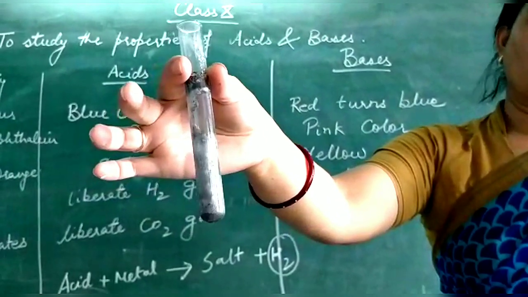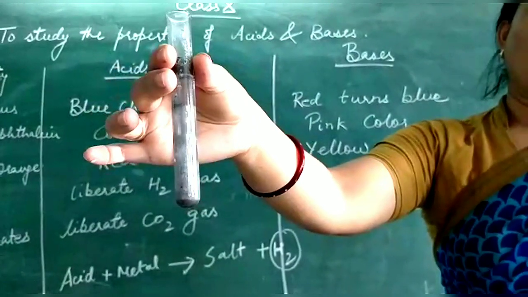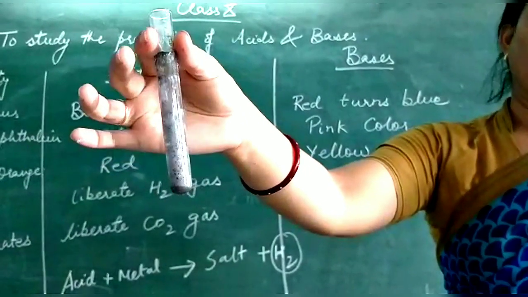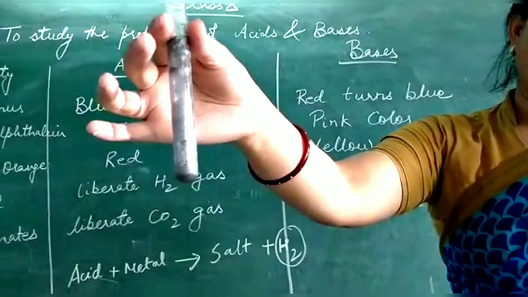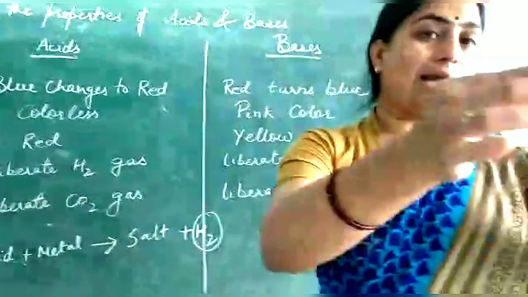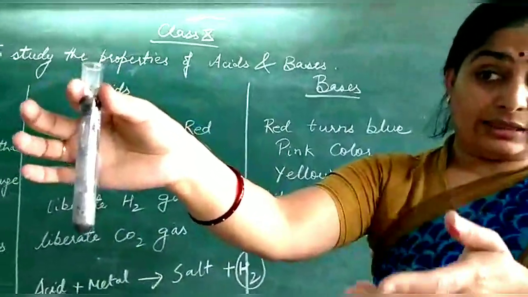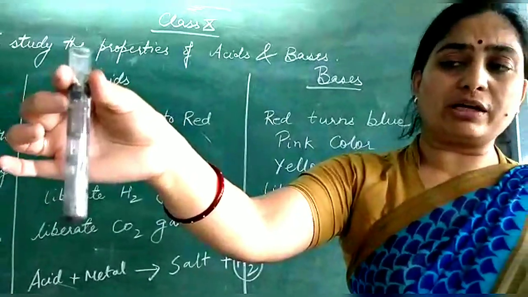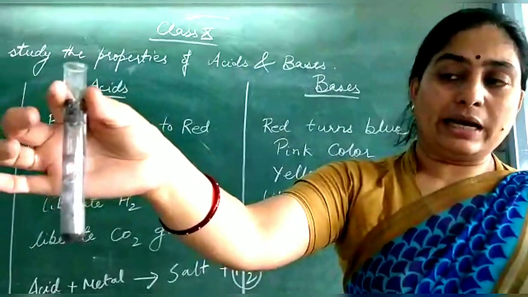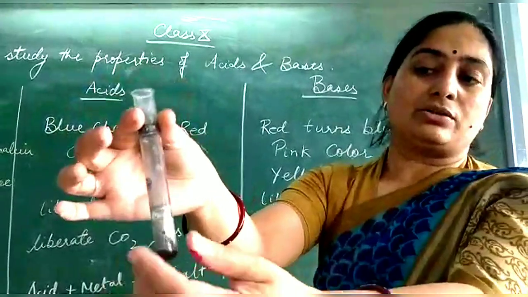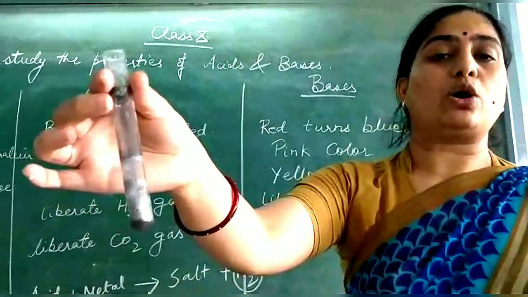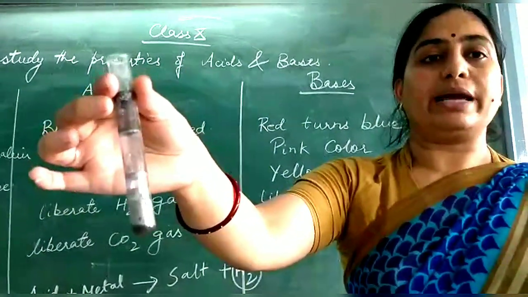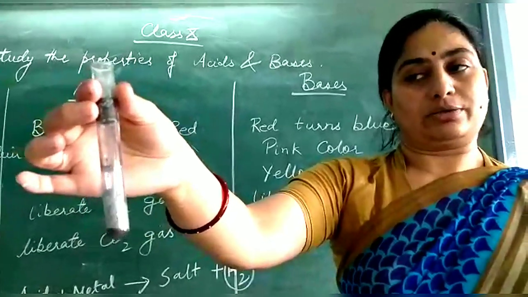So this is the liberation of hydrogen gas when acid reacts with metal. The reaction is so vigorous. The gas comes out so suddenly, and even when we touch the bottom of this test tube, it becomes hot, which means that the reaction is exothermic also.